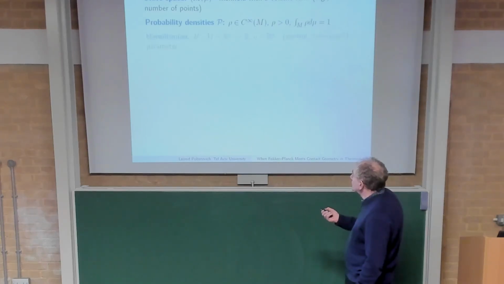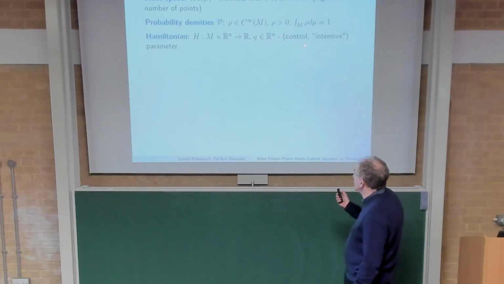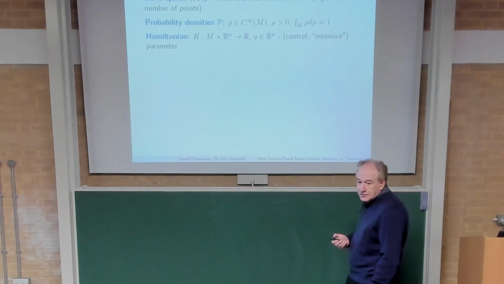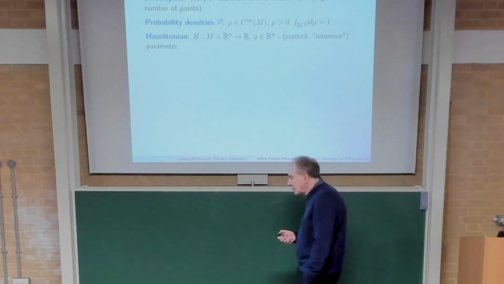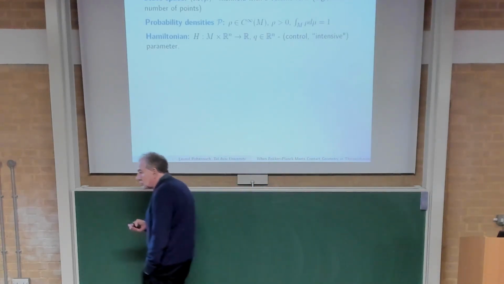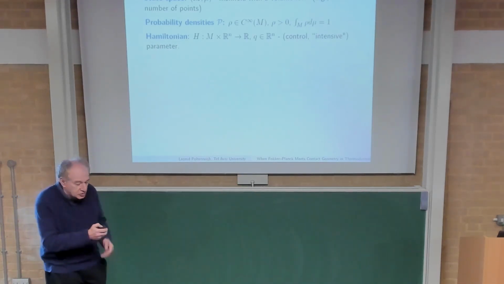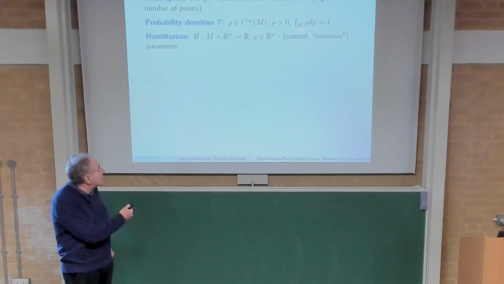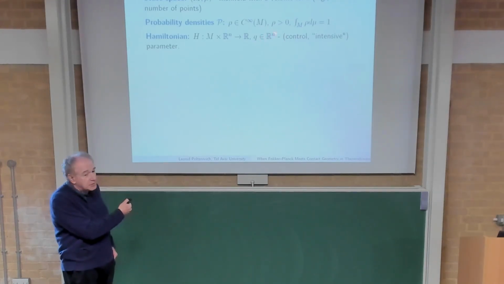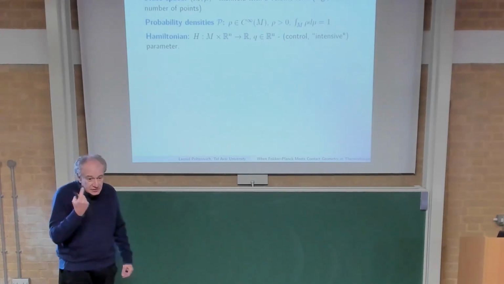The Hamiltonian depends on the point of the state space and an extra variable. This extra variable is an intensive or control parameter in thermodynamics, and without this extra variable there is no story. All the contact geometry happens on the cotangent bundle to the space of these parameters times an extra variable.